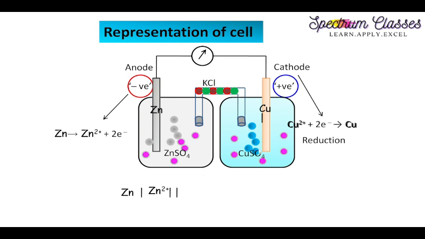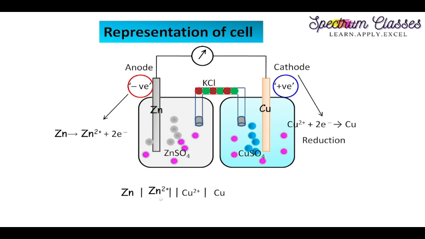Now coming to the cathode: here the copper 2 plus ions are present in the solution, and these ions are deposited over the electrode. The electrode is represented by a vertical line, and these ions are converted to copper. From this you can understand that zinc is converted to zinc 2 plus while in contact with its electrode. This is the convention to represent the cell.